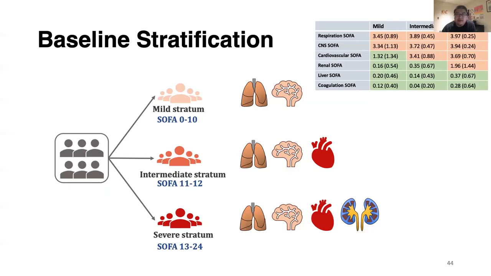From the composition of the SOFA score, we find that the mild stratum patients have respiration and central nervous system dysfunctions, the intermediate further have cardiovascular dysfunctions, and the severe further have renal dysfunctions.